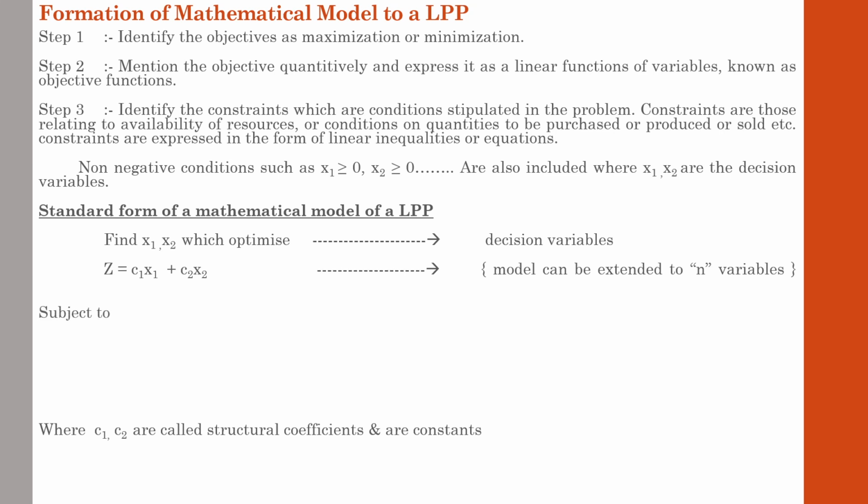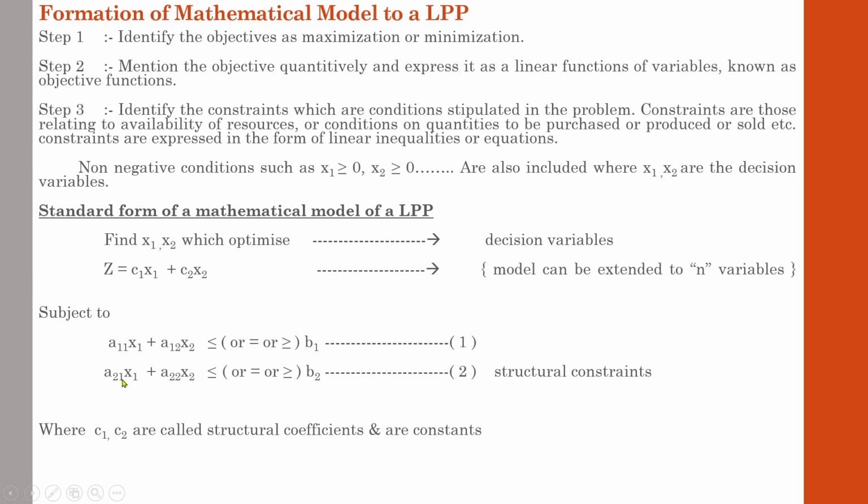After that, you need to find out the constraints. The constraints will be written in the form a11 x1 plus a12 x2 less than or equal to, or greater than or equal to, b1, and another one, a21 x1 plus a22 x2 less than or equal to b2.